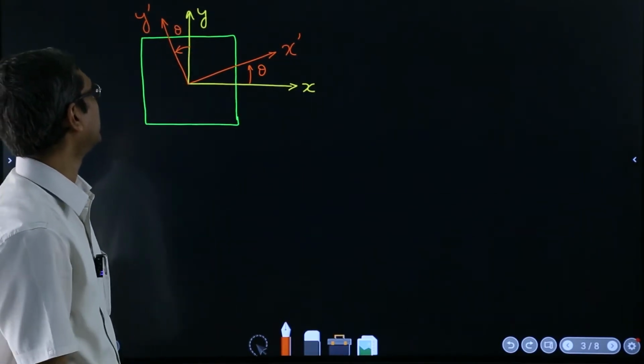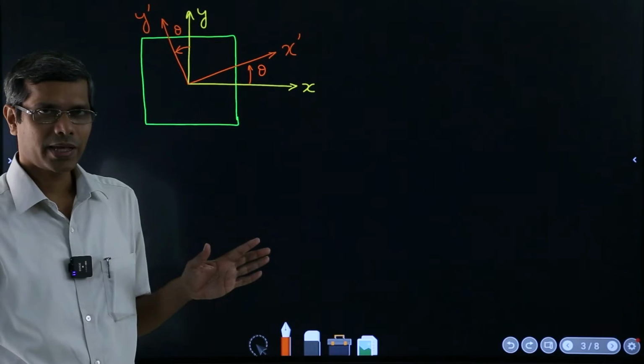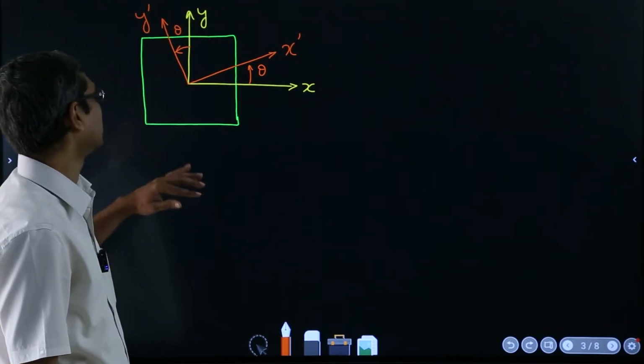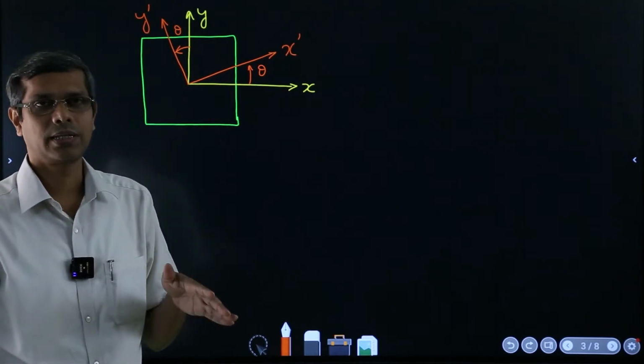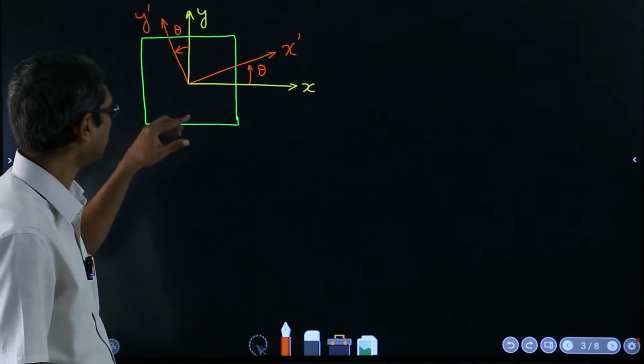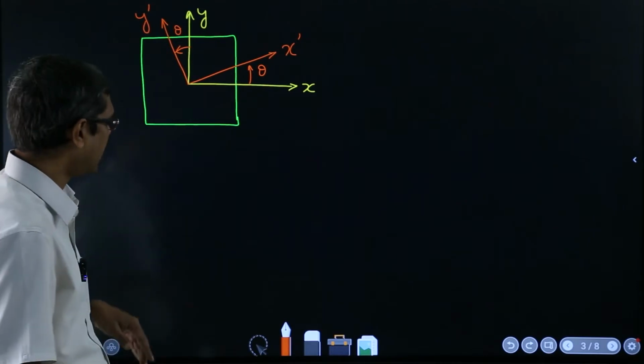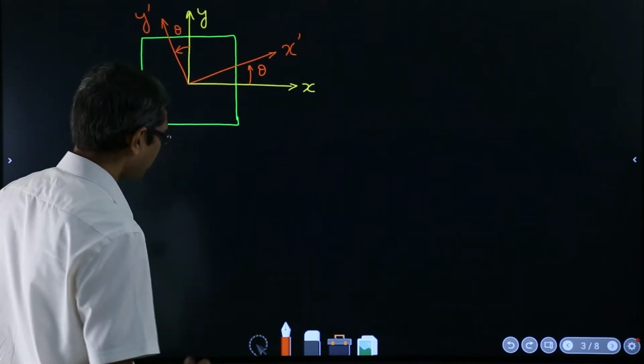Okay. And it is exactly the same as thinking that you have rotated the elemental, infinitesimal square on which you are trying to see the stresses. Okay.